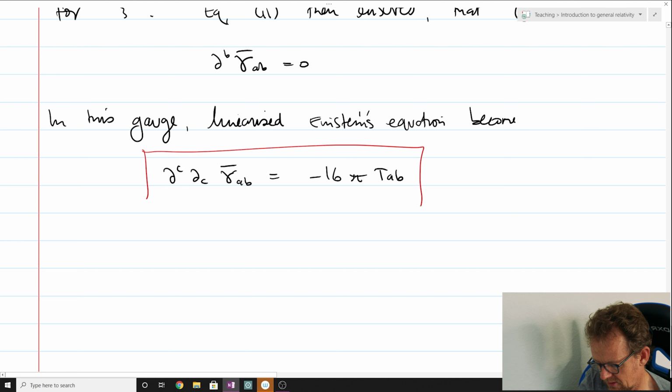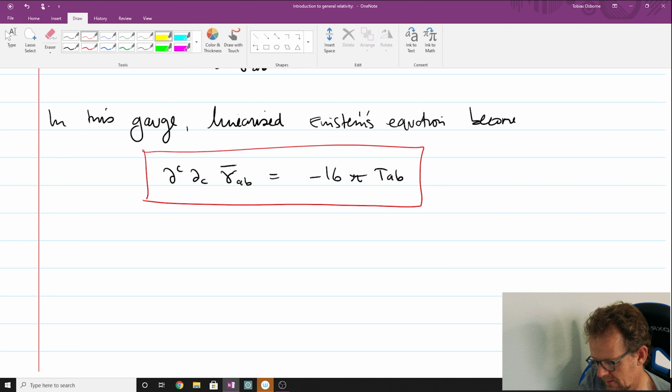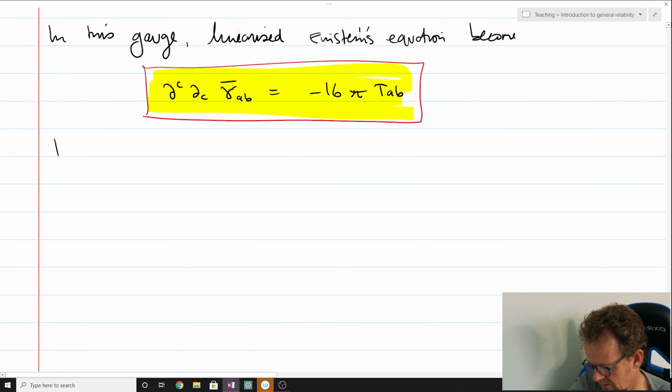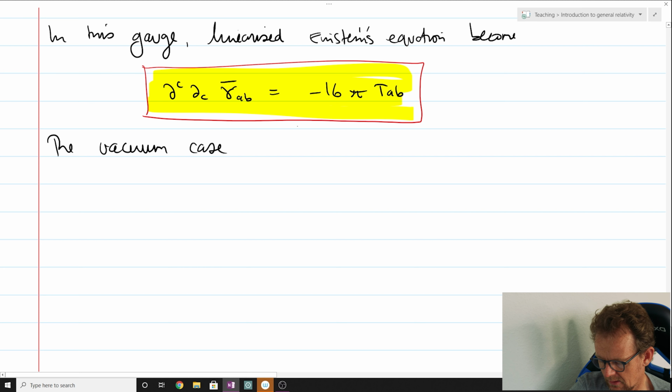This is like a four-dimensional version of Poisson's equation. And it's kind of interesting to note that this includes, in the vacuum case where T_AB equals 0, exactly the field equations for a spin 2 field.